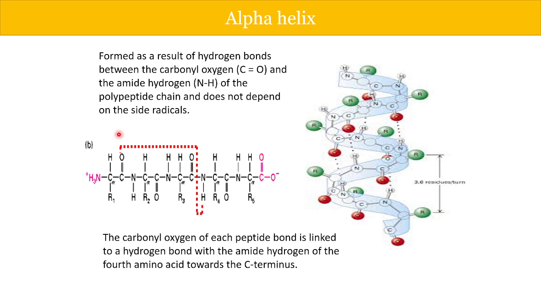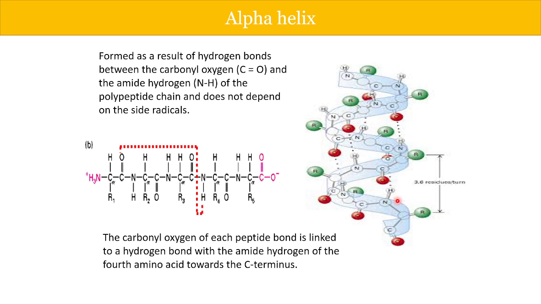We all know that every amino acid will have this carbonyl oxygen and the amino hydrogen. So alpha helices are very common in most protein structures, and the distance between each of these coils... So this is an entire alpha helix.